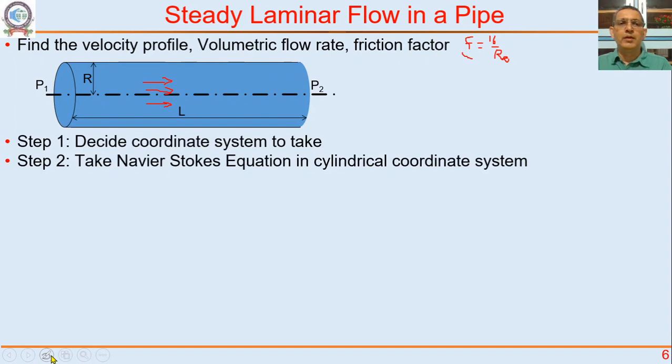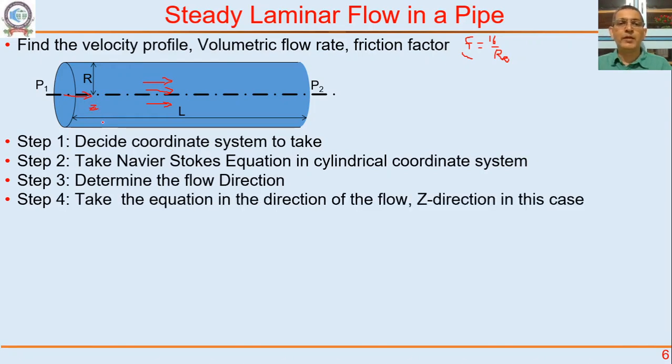What is the flow direction? That's step number 3. Flow is, in the cylindrical coordinate system, along our z direction. So we have to take the equation in the z direction.